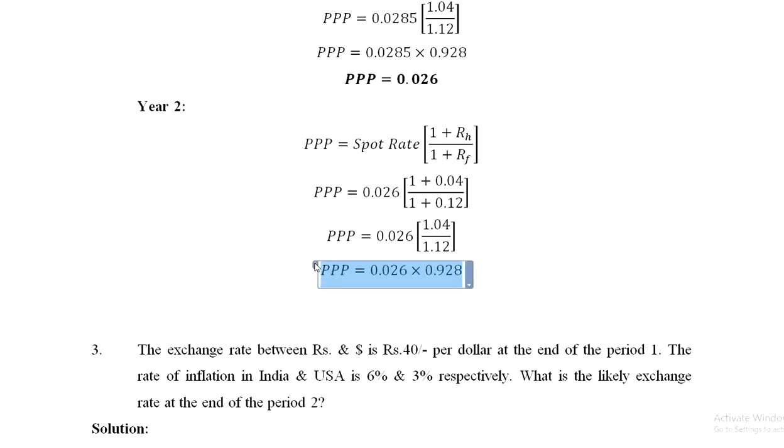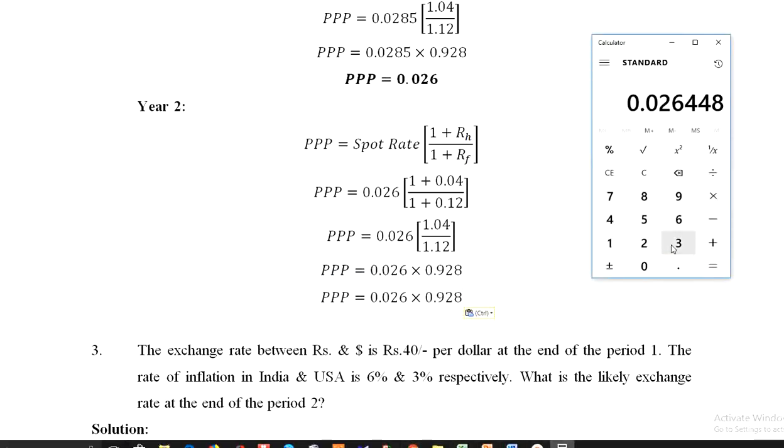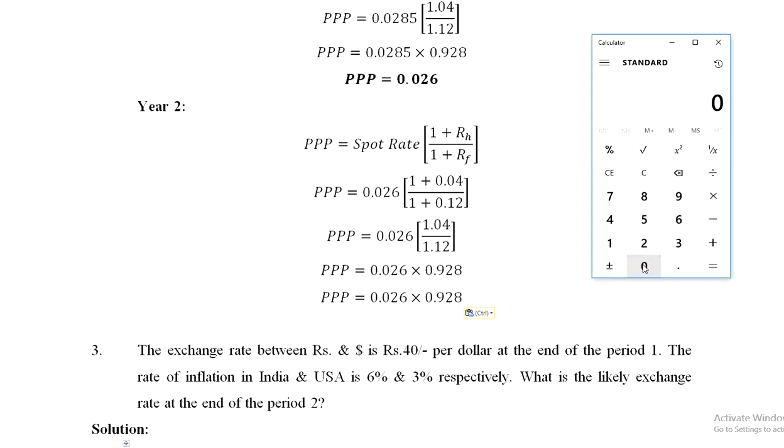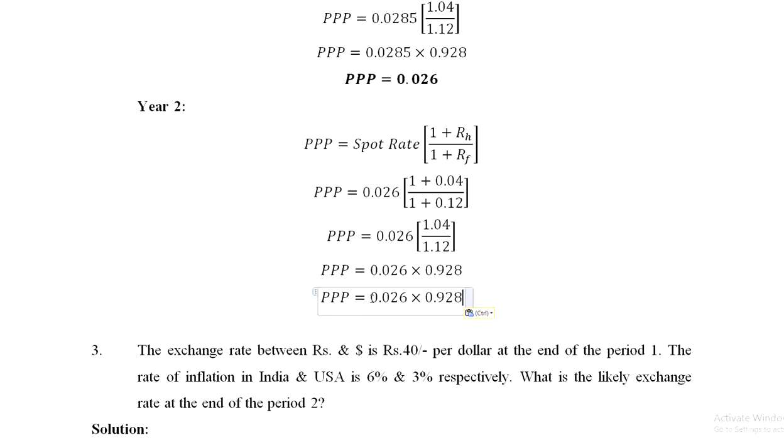Similarly, when you multiply these two values, 0.0264 into 0.928, the value is going to be 0.0245. So this is the solution.